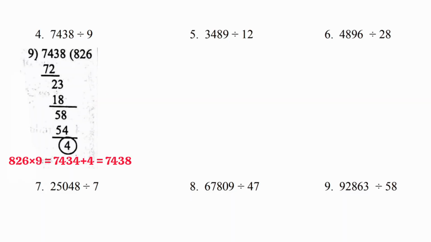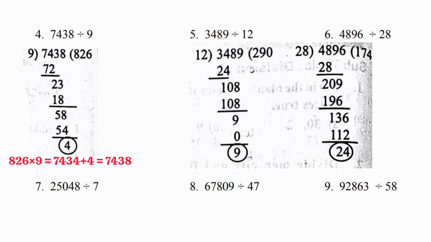Okay, next one is 7438 divided by 9. Okay, do the division, you will get the answer as 826. Okay, you have to verify 826 whether it is right or wrong. How will you do?